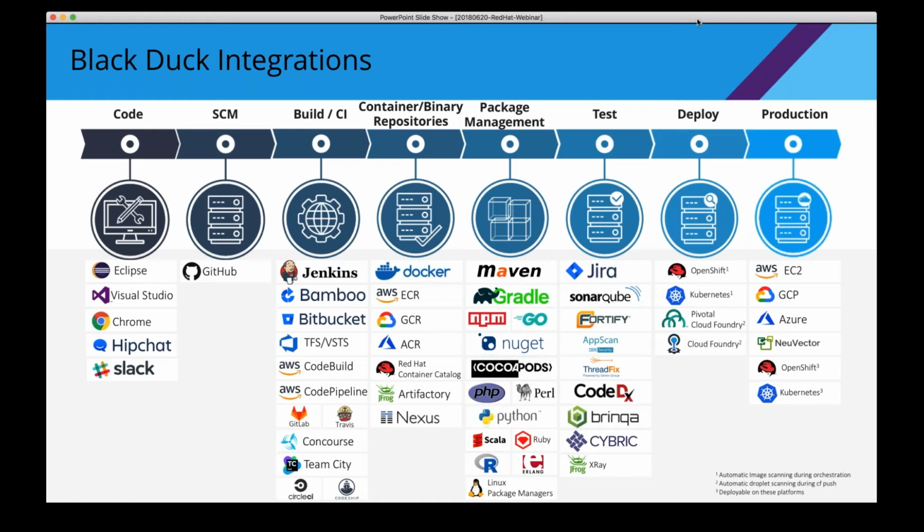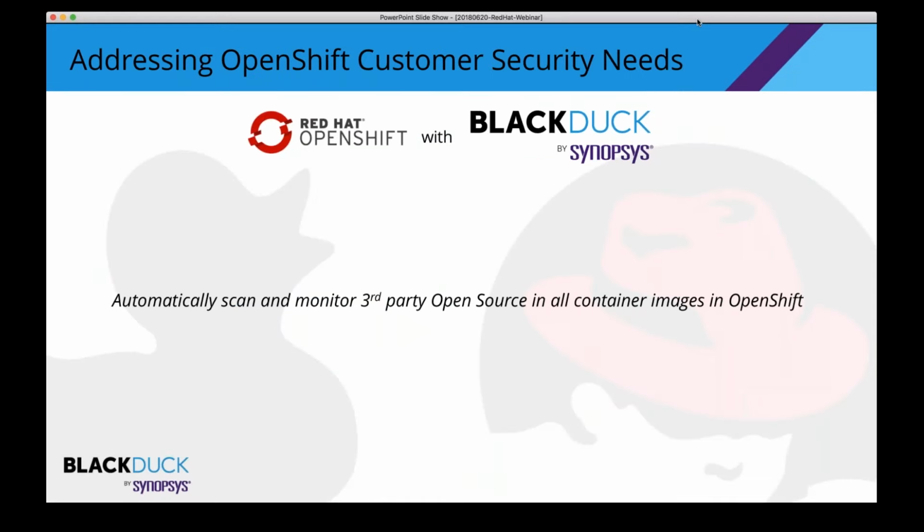So if we take a look at the Black Duck OpenShift integration, it can be summarized in this statement. It's basically the ability to automatically scan and monitor the third-party open source and all container images in OpenShift. So let me dissect that statement for a minute here.